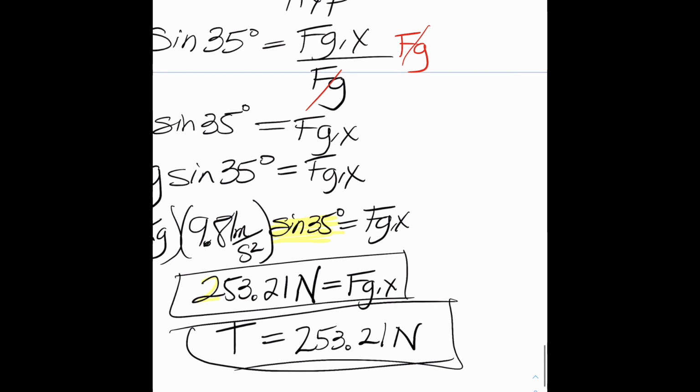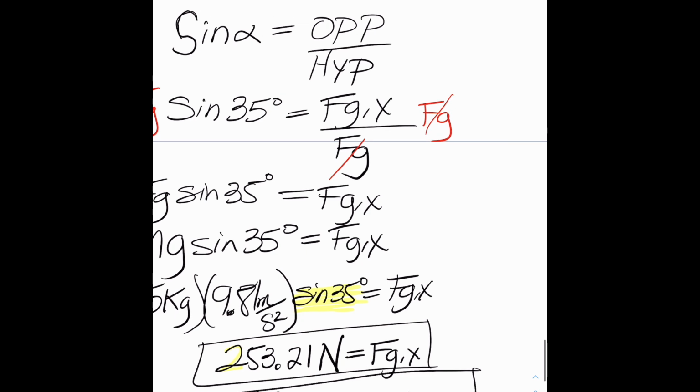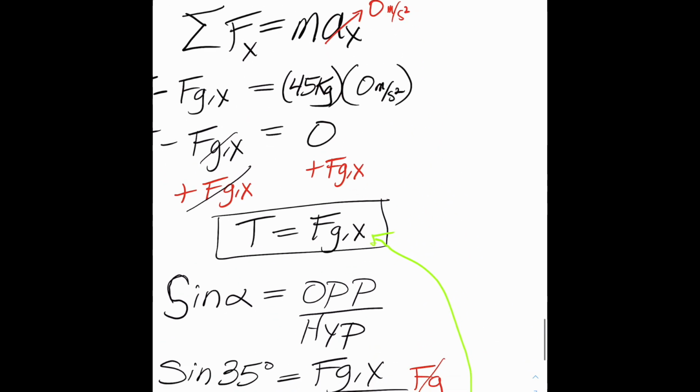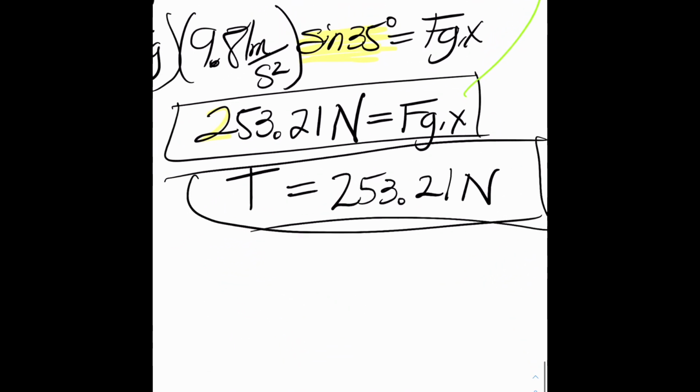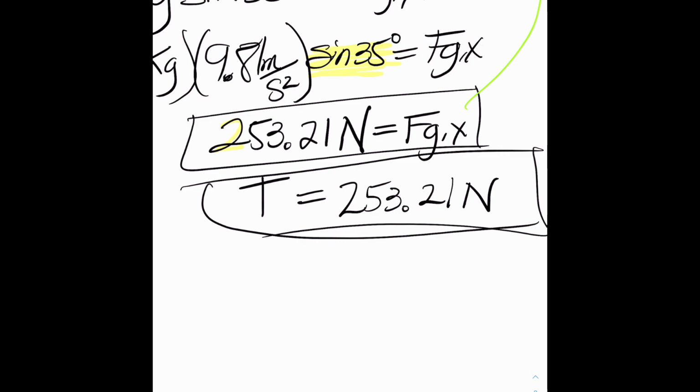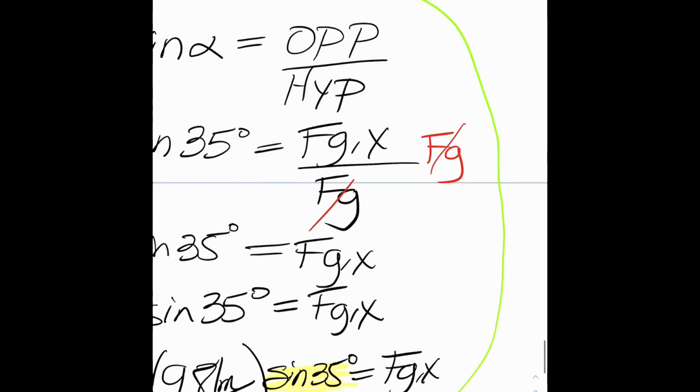Because all we're doing is taking this value and subbing it in right there. And so therefore tension is the same as 253.21 newtons. Good. So let's go ahead and add that up here.